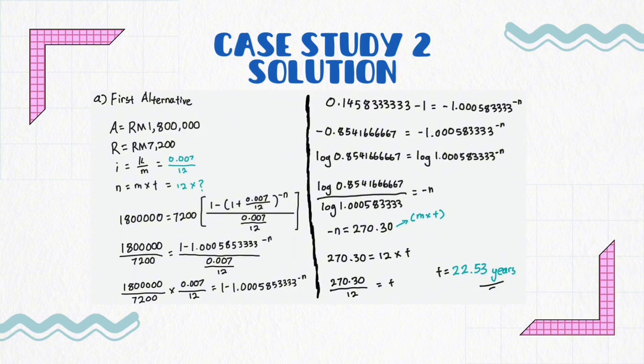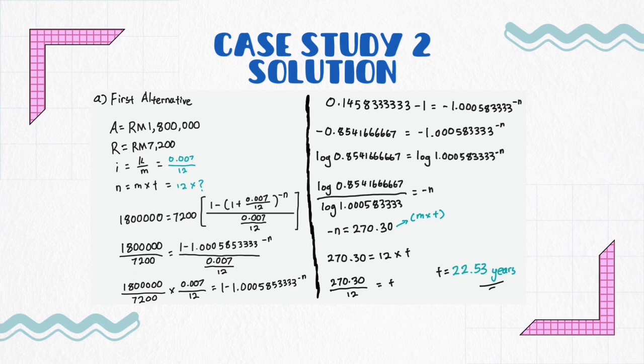The next step is to move the 0.007 over 12 to the other side, and eventually it will get us 1.8 million over 7,200 ringgit times 0.007 over 12. And the next step is to calculate it and move the 1 to the other side, and it will be negative 1.